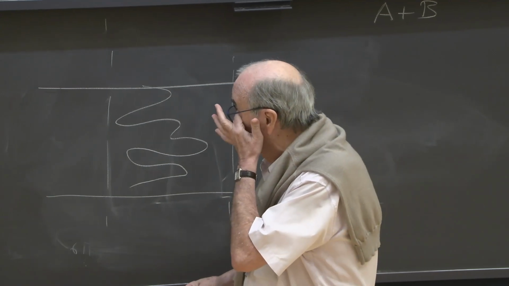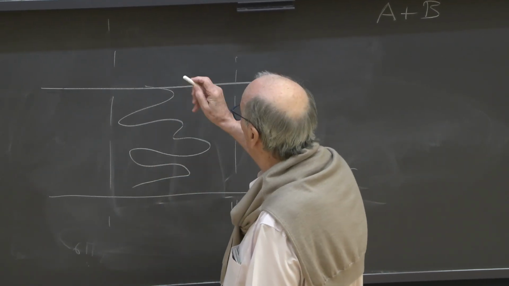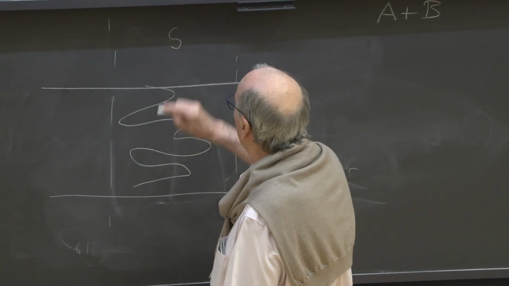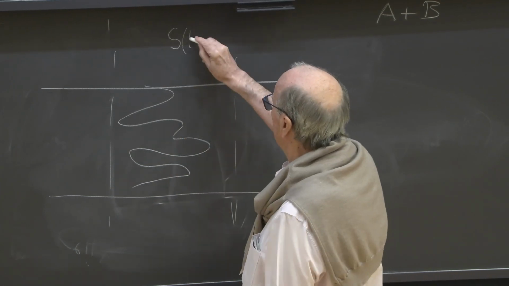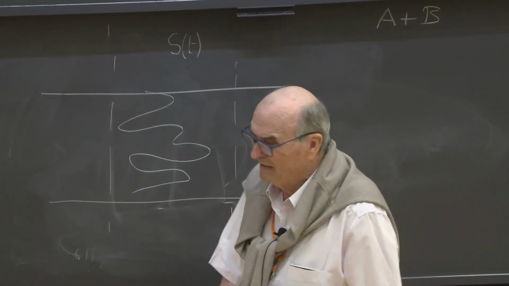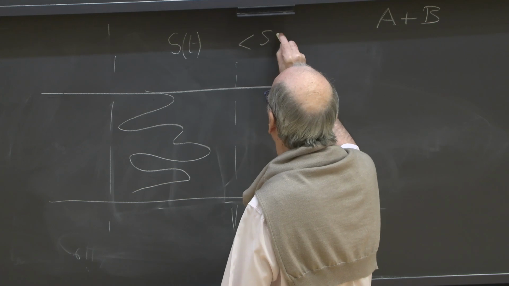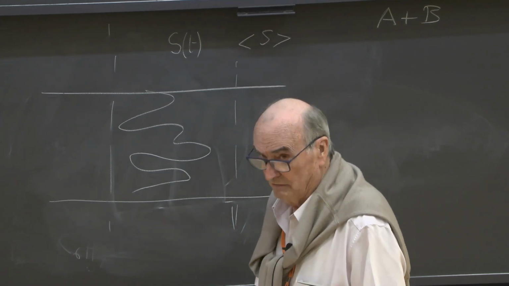It is not a constant shape, but let's call S the surface. It depends on time, it fluctuates, but not so much, in such a way that the mean of this S is well defined.